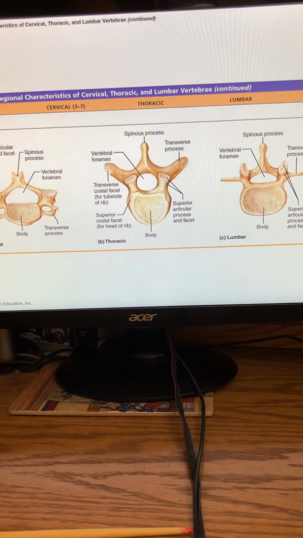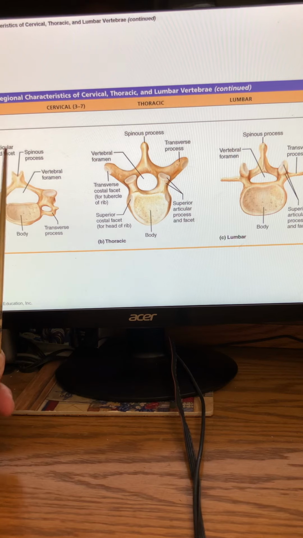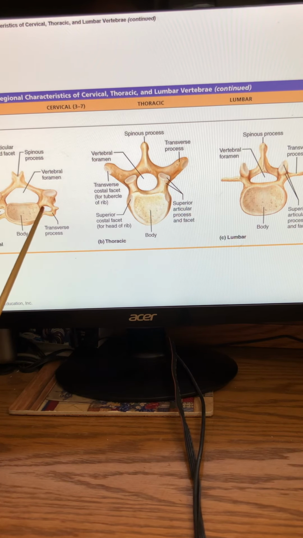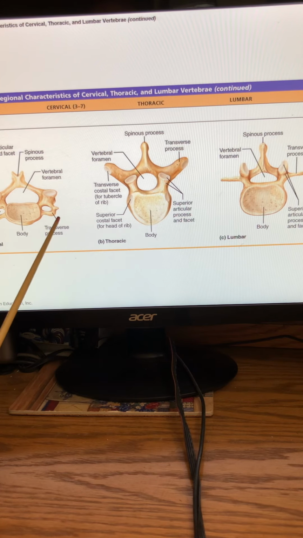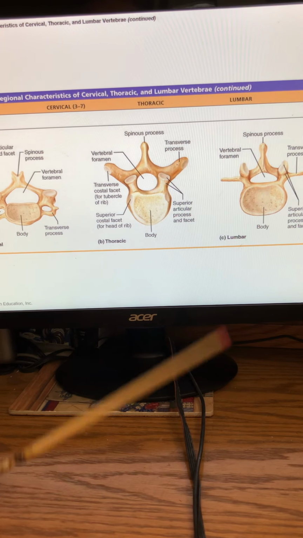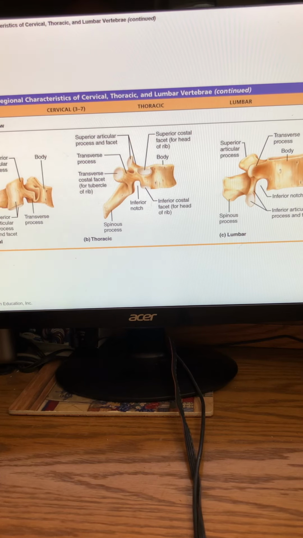So the parts that you would need to be able to identify are the spinous processes, which is going out posteriorly. You can identify the transverse processes, which is in the side going out, but there's a transverse foramen inside of that. Here is, of course, the body of the vertebrae. And then when we look at it from a side view, we're going to have the spinous process. Once again, you'll see the bifid spinous process here, the little tiny body because it's not supporting anything more than just your head.